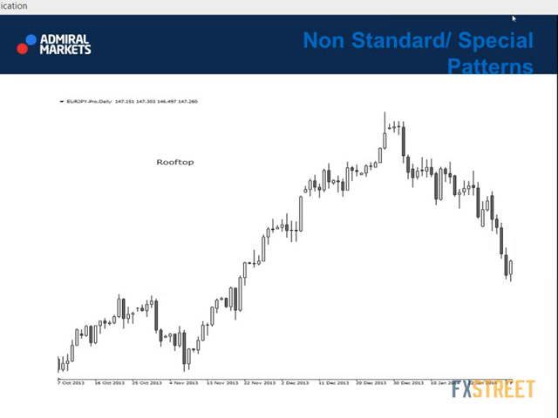We have upward action prior to the rooftop, then we see a horizontal or near horizontal bottom. You can see the horizontal bottom like this. It doesn't need to be perfect, but it's again a horizontal bottom. Okay?